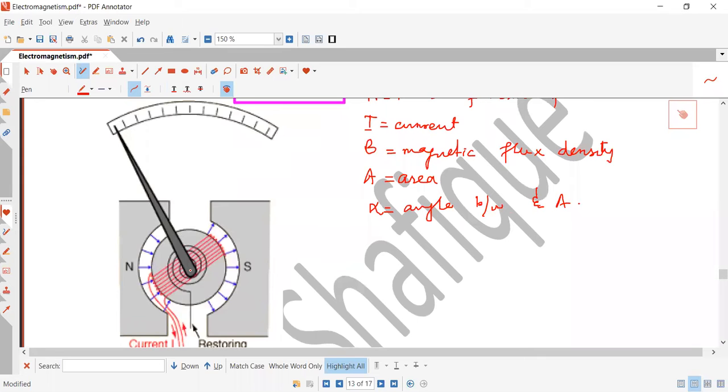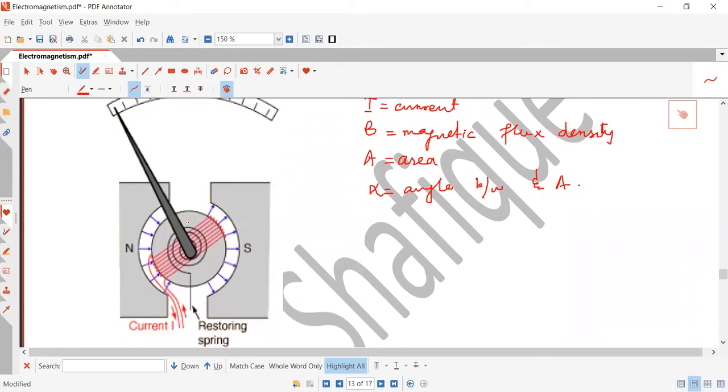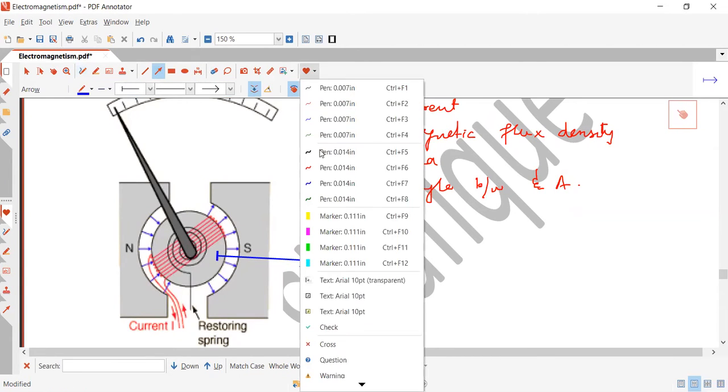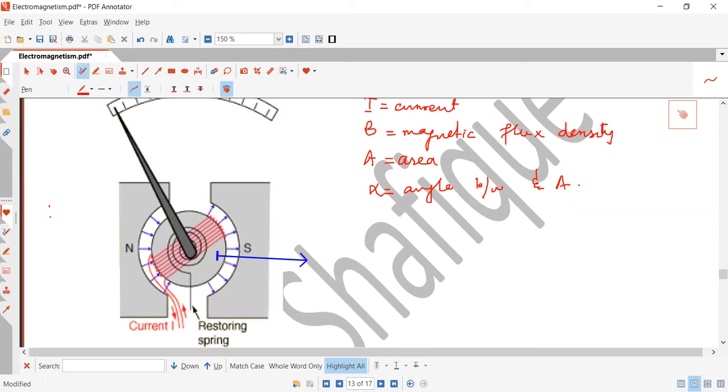Okay, so let me tell you what this diagram consists of. This is the core, a cylindrical core. Basically, this is the top view of the galvanometer construction. And this is the core on which the coil is wound. So students, here is the current carrying coil. And definitely here is the magnet.